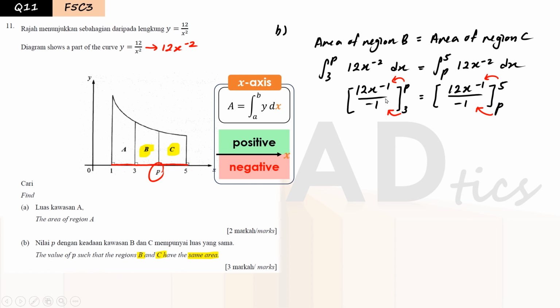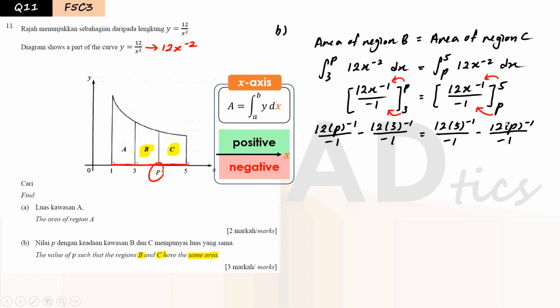For region B, it would be the result when we substitute x with P first, and then minus the result when we substitute x with 3. For region C, it would be 5 into x first, and then minus the result where we substitute P into x.